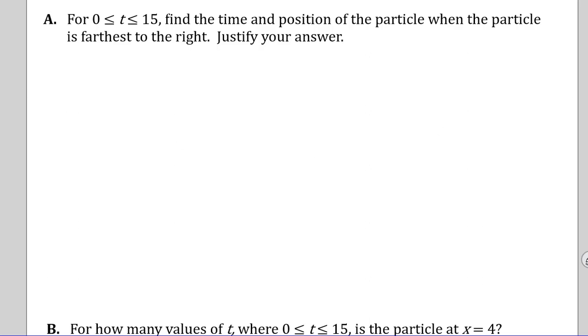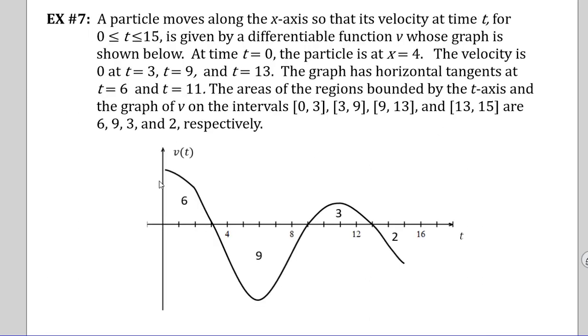All right, so if we look back at the graph, we could reason that it's either going to be farthest to the right at t equals 3 or t equals 13, because after that, it starts moving back to the left because we are below the x-axis.